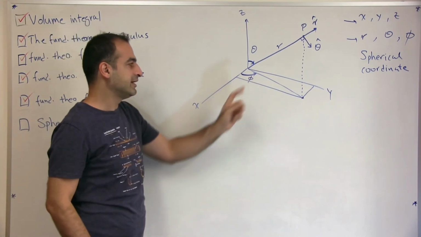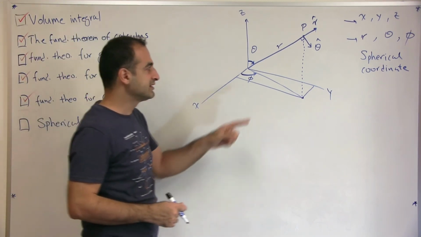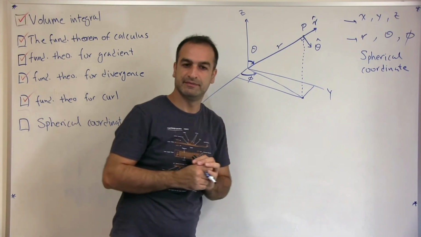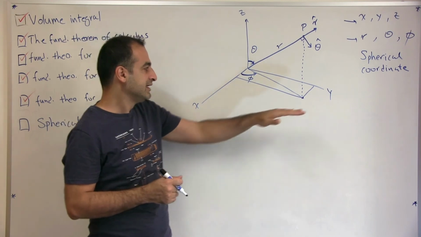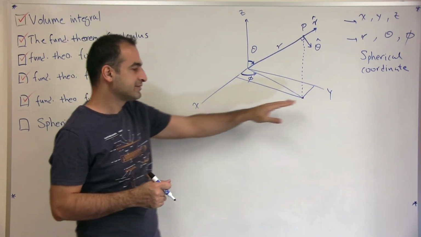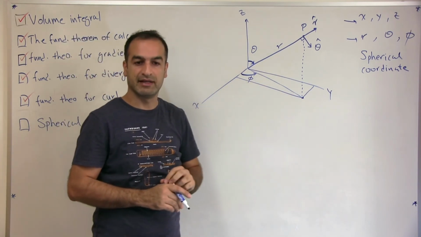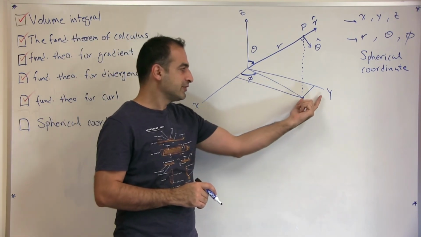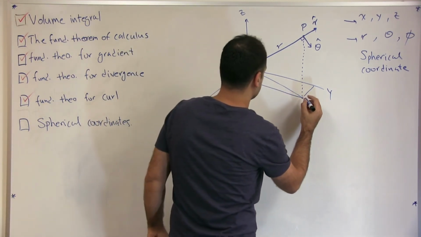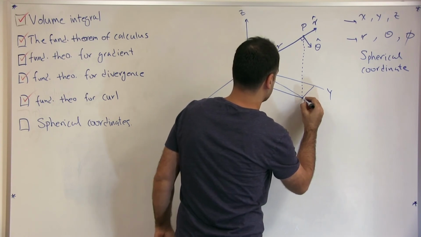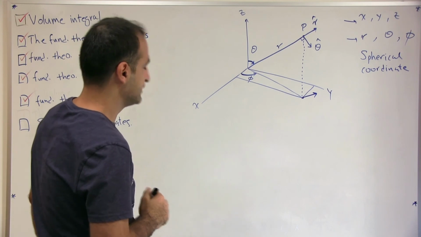And now think about phi. If you increase phi a little bit, what direction is P moving? That direction is in a plane parallel to the xy plane. So let's first show that in this plane. If we increase phi a little bit, we are extending the position in this direction.